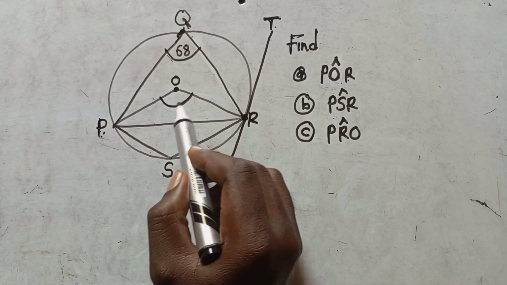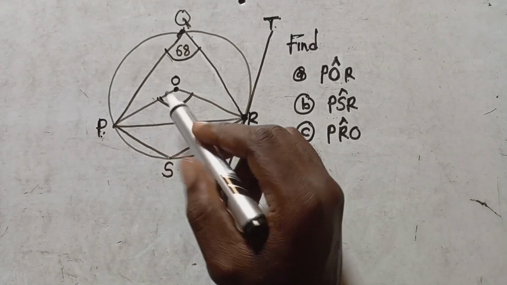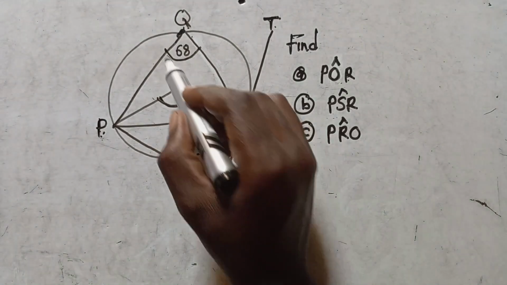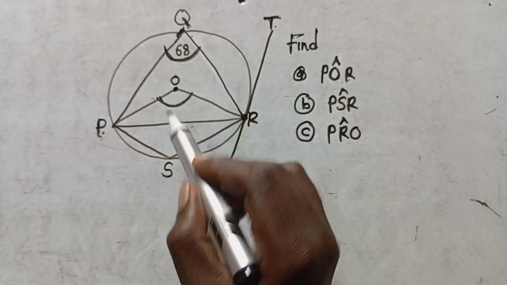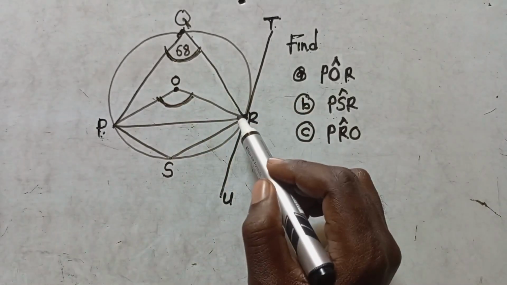want to find this. Since this is a circle theorem or circle properties, everything we are going to answer should involve certain properties. So for me to find the angle that is there, there is a property that states that the angle at the center is twice bigger than the angle at the circumference.